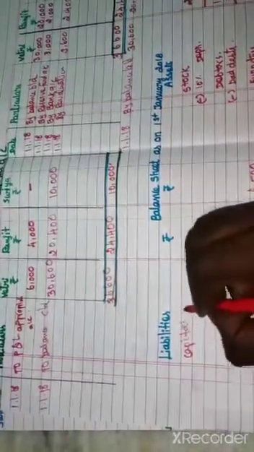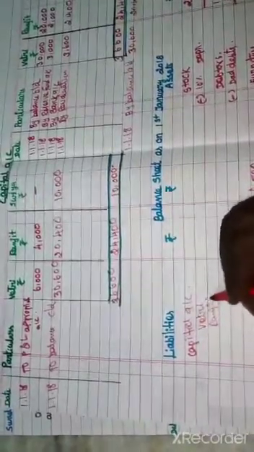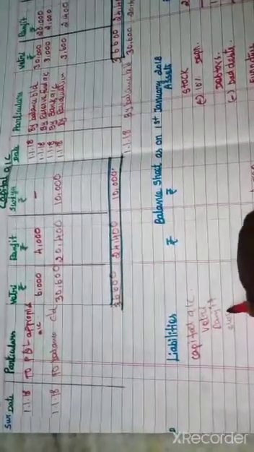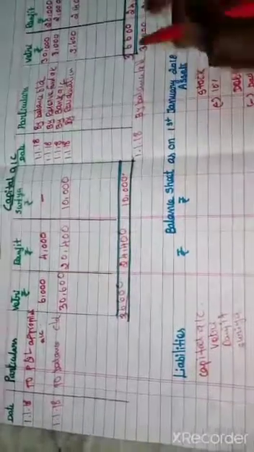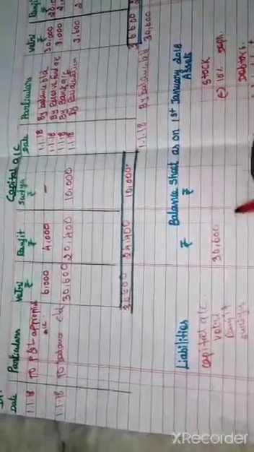Now this capital account should be transferred to the liabilities column. So now we see here capital account. Who are they? Vetri, Ranjit and Surya. What is the amount for Vetri? 30,600. Ranjit 20,400.